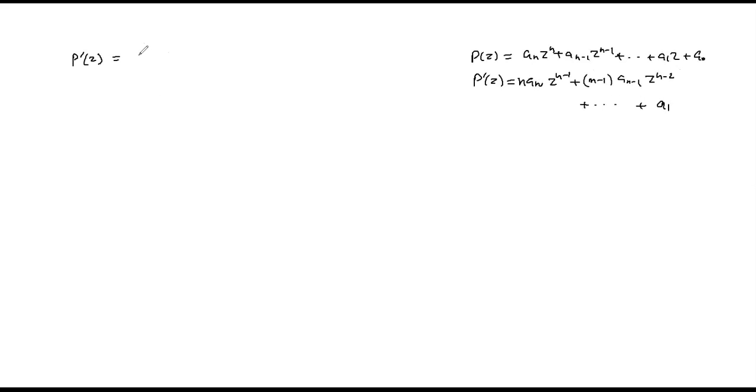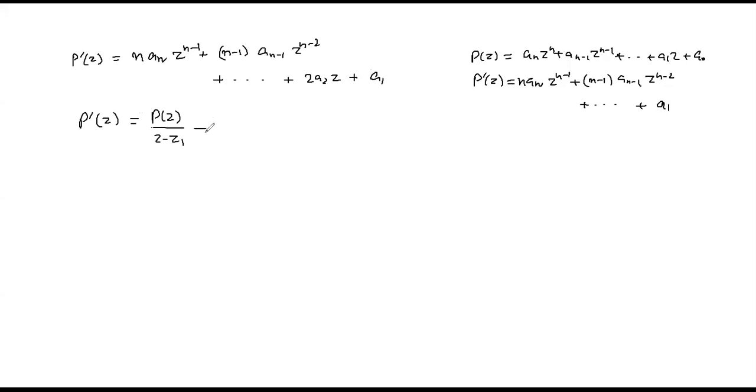So we will write here p dash z would be n times a n z raised power n minus 1 plus n minus 1 into a sub n minus 1 into z raised power n minus 2 plus so on and so forth plus twice a2 into z plus a1. And of course this is also equal to our old expression. So p dash z is also equal to the long expression I had just now, which I will not write again because I do not have that much time. When I added all of them, you equate.